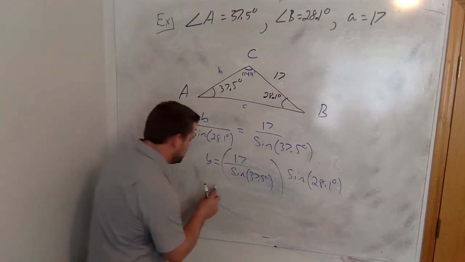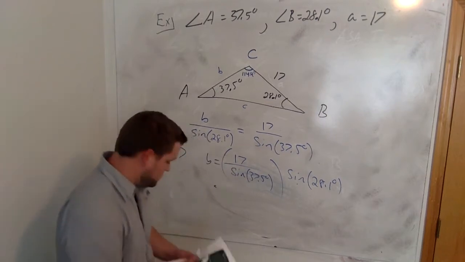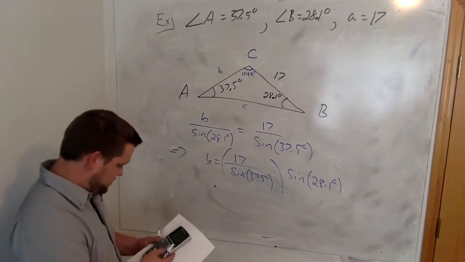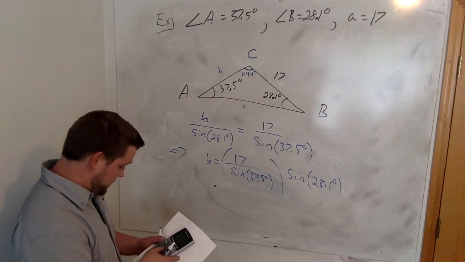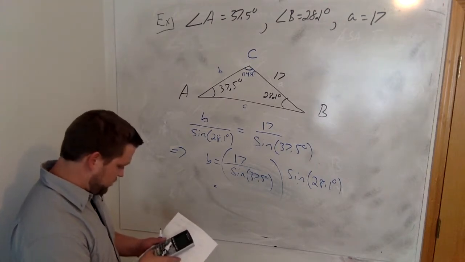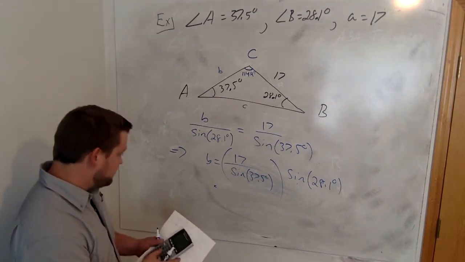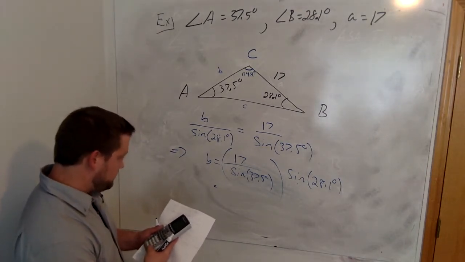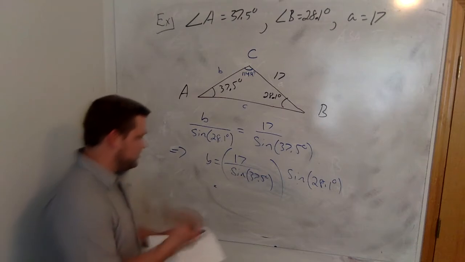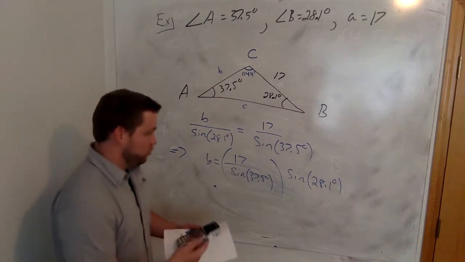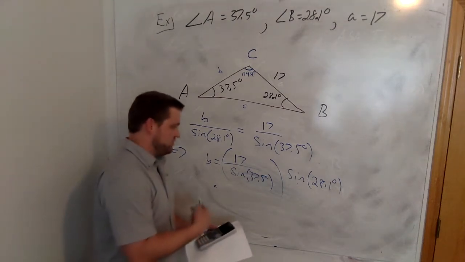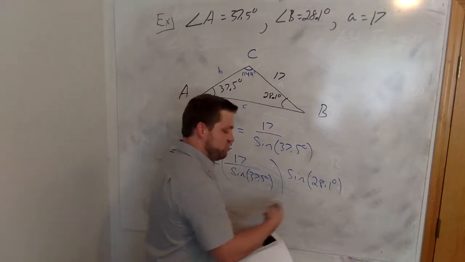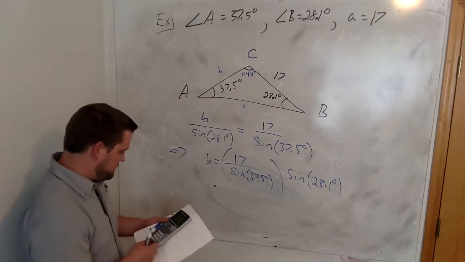So either way, let's see what we get here: 17 times the sine of 28.1 divided by the sine of 37.5. I should also make a note that you need to make sure you're working in degree mode. I should have said that before, but I'm working in degrees here, so make sure your calculator is in degree mode.